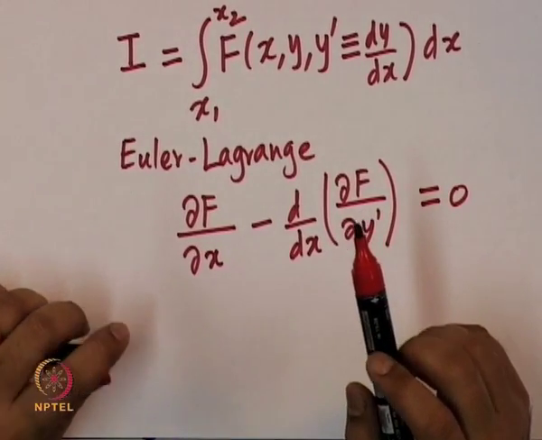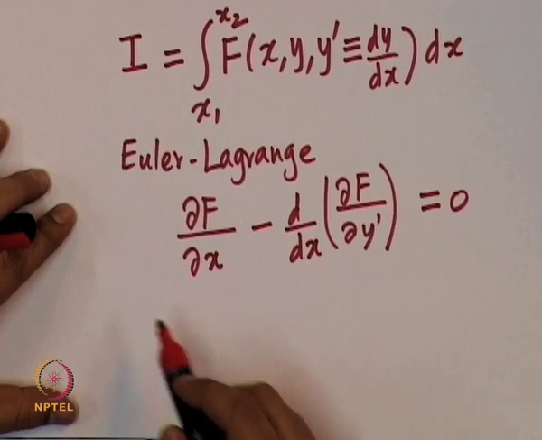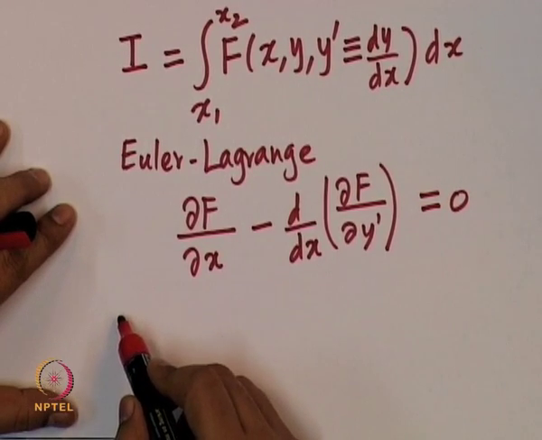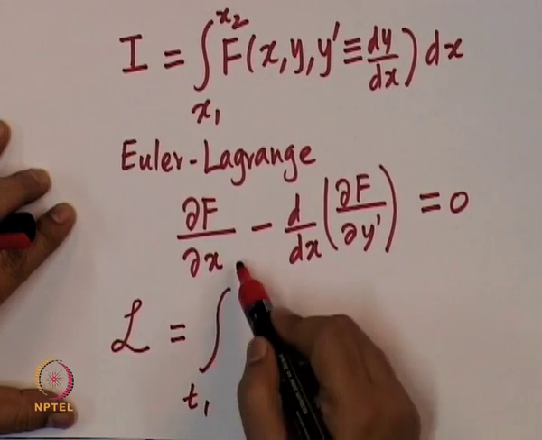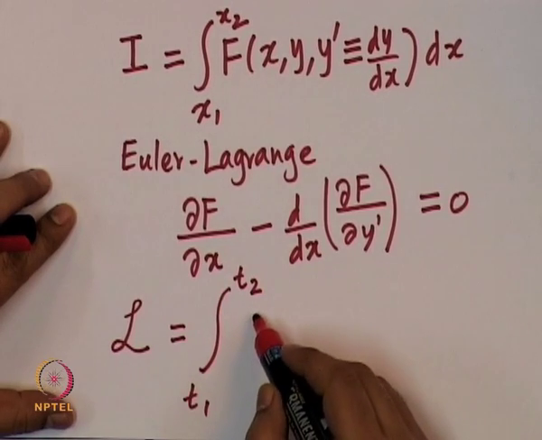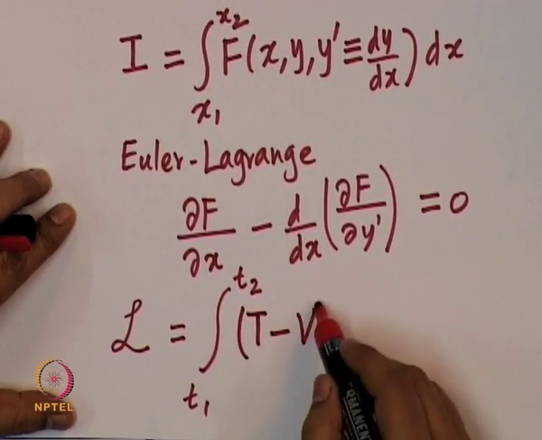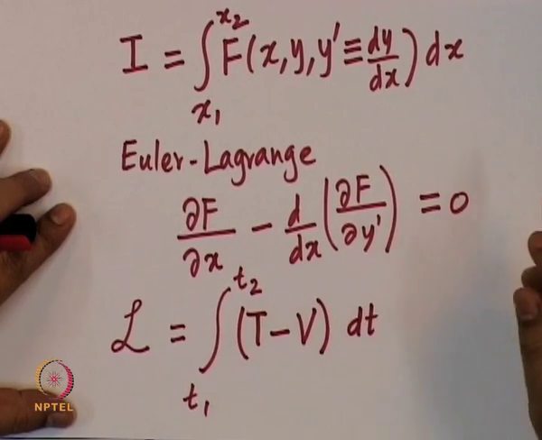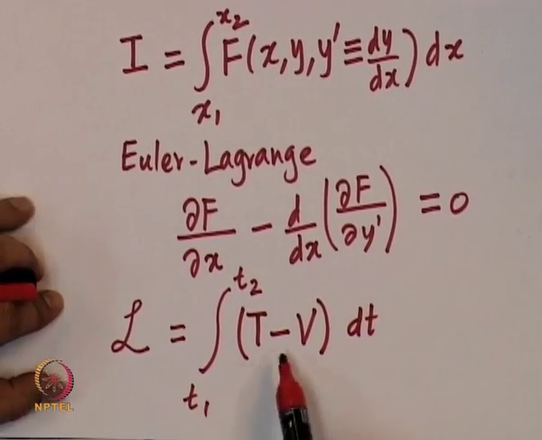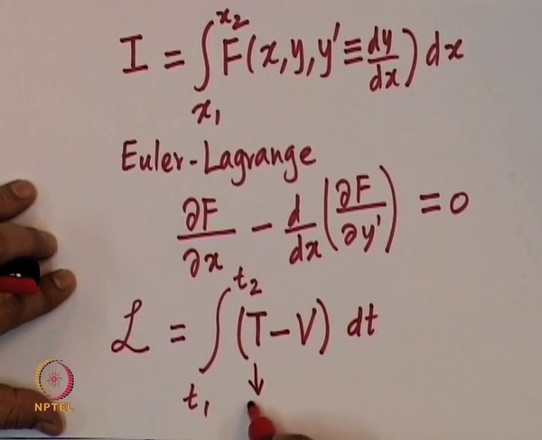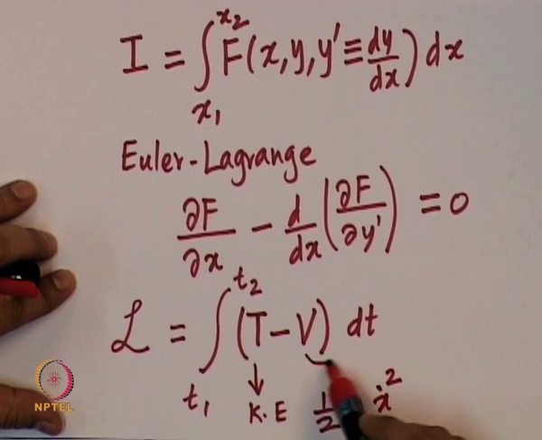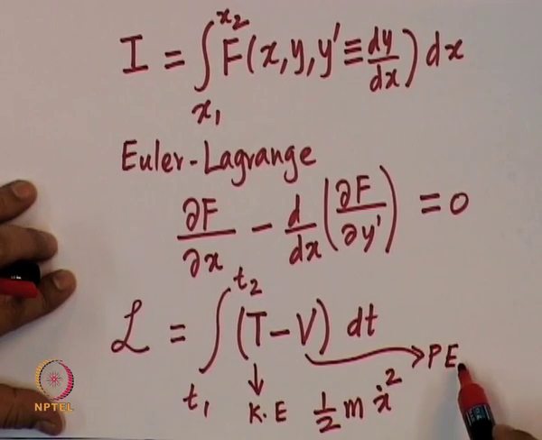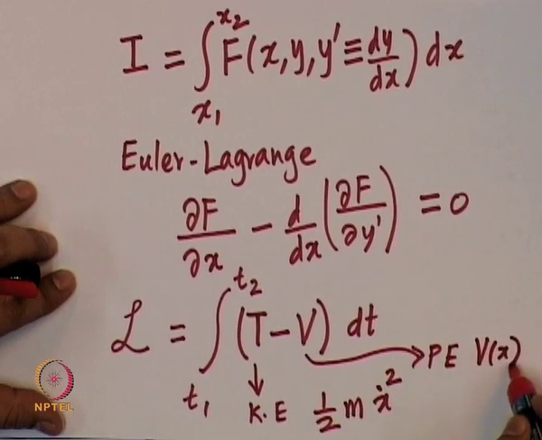Now we want to consider the action principle. So, let us define the action as this quantity, going from some t1 to t2, and we said that it is T minus V dt. The principle of minimum action says that T is the kinetic energy, given as half m x dot squared, and V is the potential energy, which is just a function of x.